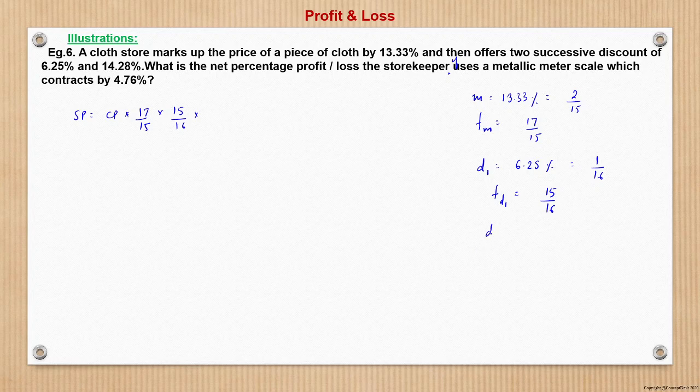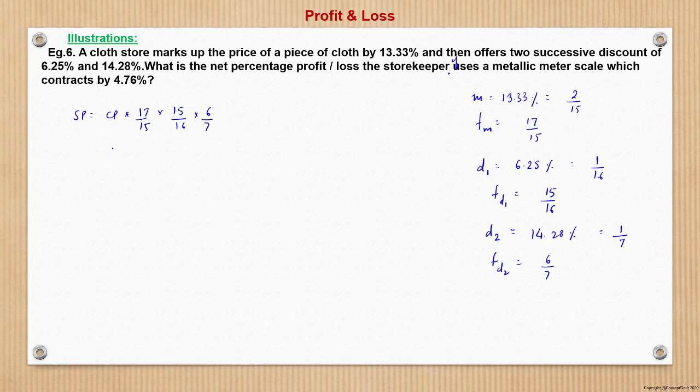Now third factor is second discount, which is equivalent to 14.28%. 14.28% is nothing but 1 by 7. So the factor corresponding to D2 is nothing but 6 by 7, because this is a decrease of 1 by 7, less than 1. So that means 6 by 7.